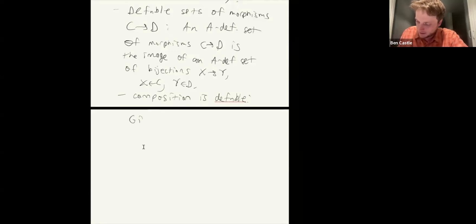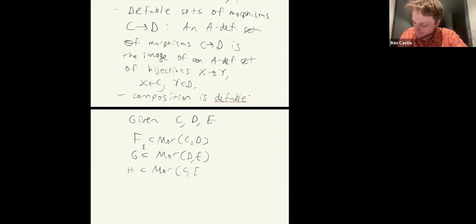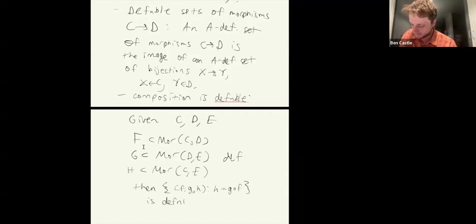It means that if you have objects C, D, E, and F is a set of morphisms from C to D, G is a set of morphisms from D to E, and H is a set of morphisms from C to E. Given all of this, all definable sets of morphisms, then the set of triples FGH, where H equals G composed with F, is also definable over no additional parameters. So if this is A-definable, then this is A-definable.